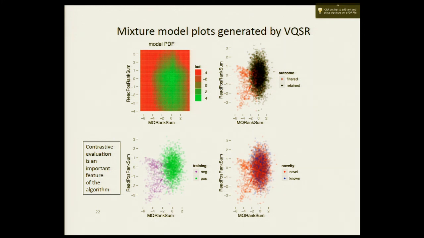Every time you run your project, the distribution of statistics is so different that it made more sense to learn the model from the data every time. In the same way that we do for the base recalibration procedure, we're learning a model for every single lane of sequencing data, and it's different every time you turn on the machine. Everything is so variable that you really do need to learn these filters from the data, and they need to change for every project. It's just too variable, is the answer.